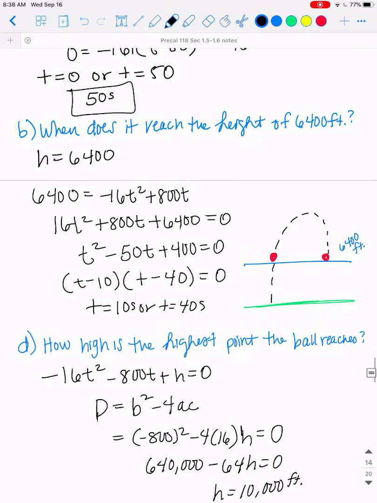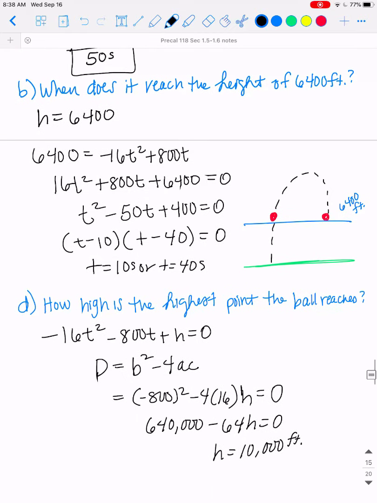So when does the ball reach the height of 6,400 feet? Our h here is 6,400. We plug that into the original equation, and then we move our terms to the right side to set it equal to 0. So I added 16t squared minus 800t plus 6,400 equals 0.